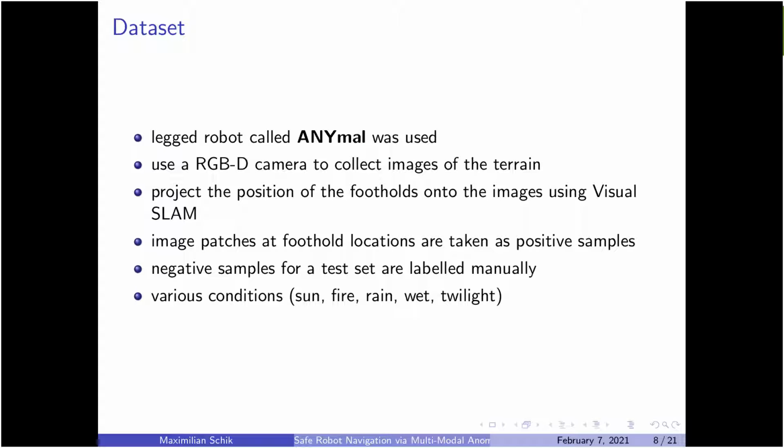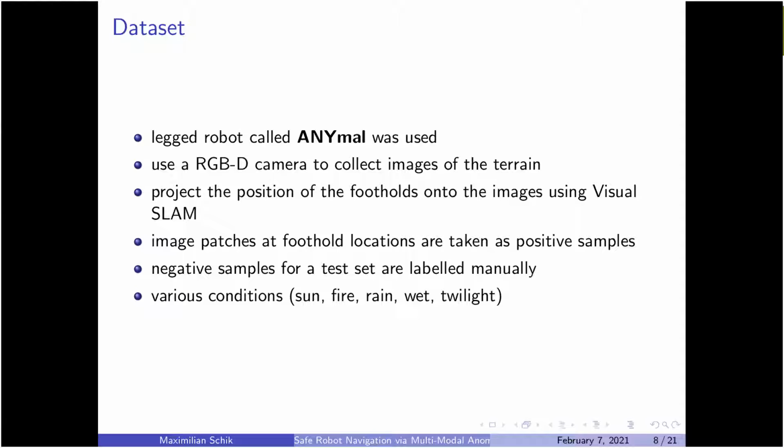The data set that was used in the paper was collected by using a four-legged robot called ANYmal, and it used an RGB camera, so a camera that collects normal color images, and depth images. When we let the robot walk through the terrain, we use visual SLAM.